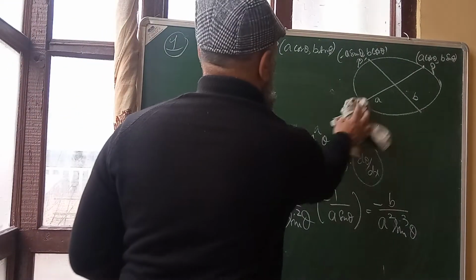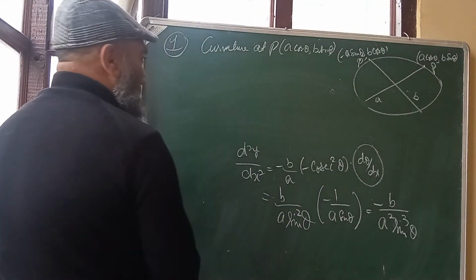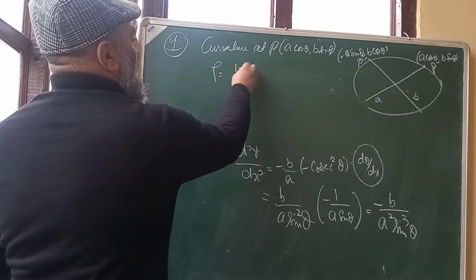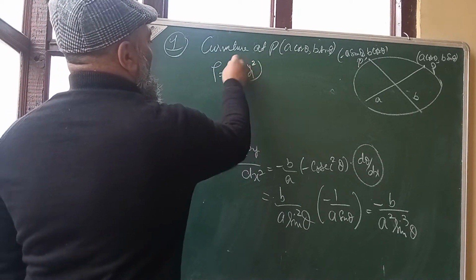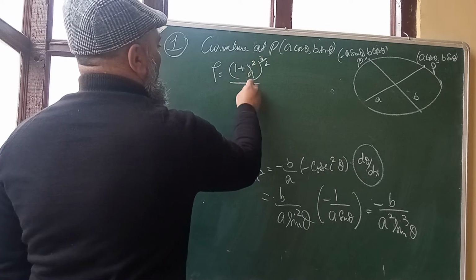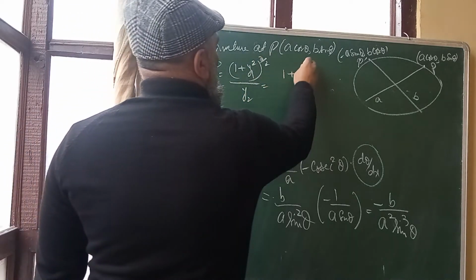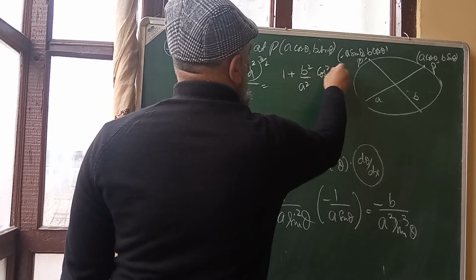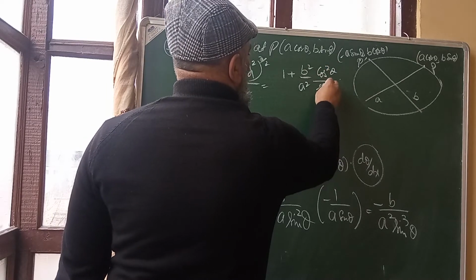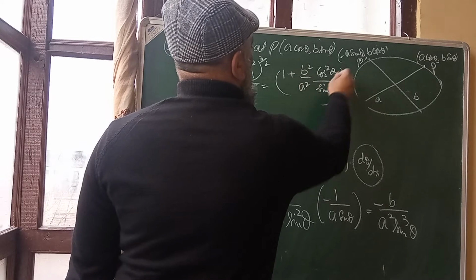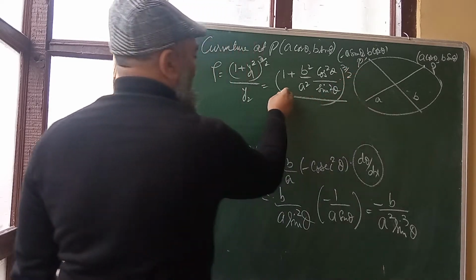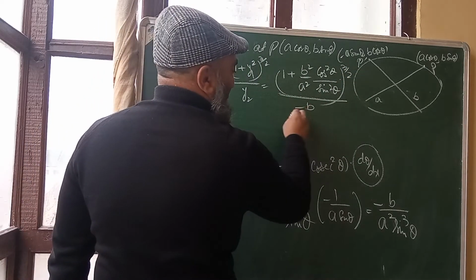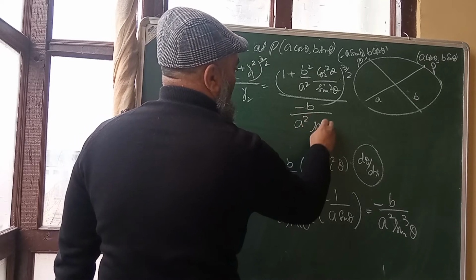Therefore rho is equal to 1 plus y1 square raised to the power 3 by 2 divided by y2. 1 plus B square by A square, cot square is cos square theta by sin square theta, raised to the power 3 by 2 divided by y2, minus B by A square sin cube theta.